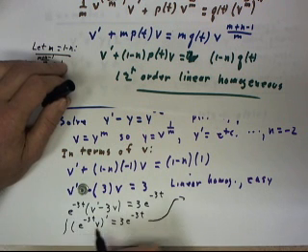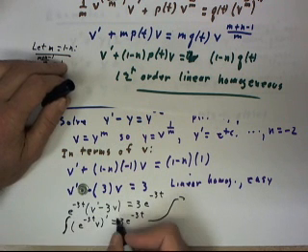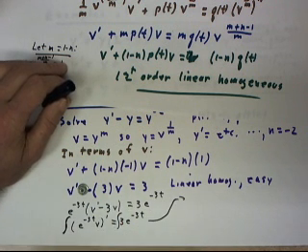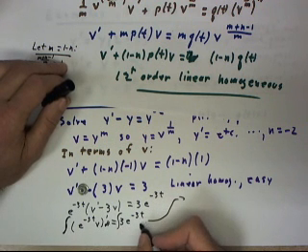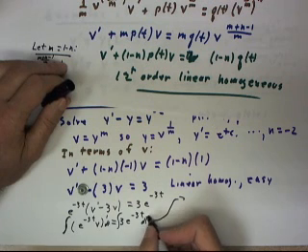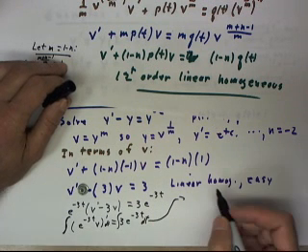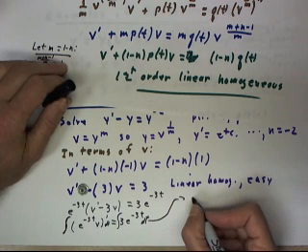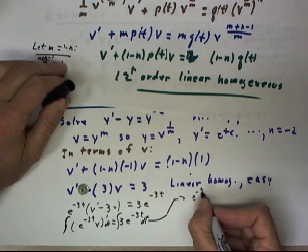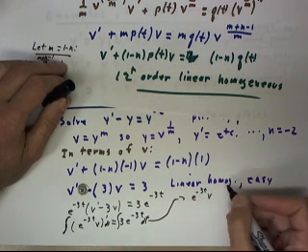I'll just put the integral signs on both sides, with respect to t and with respect to t. The integral of this side is just going to be e to the negative 3t times v.